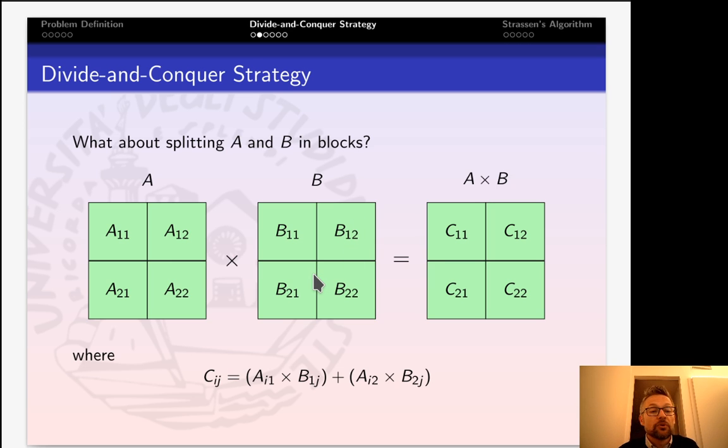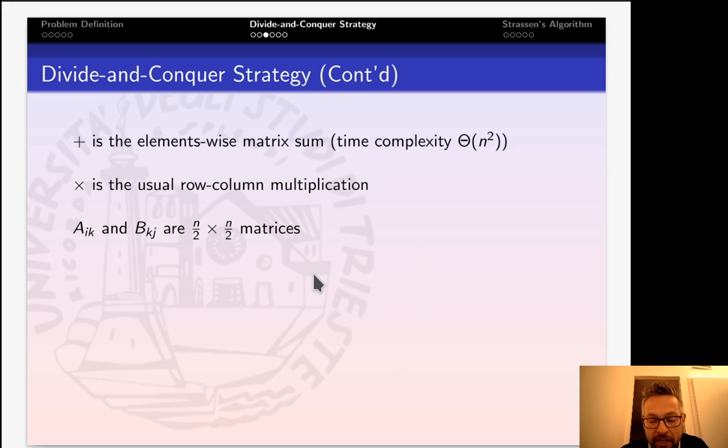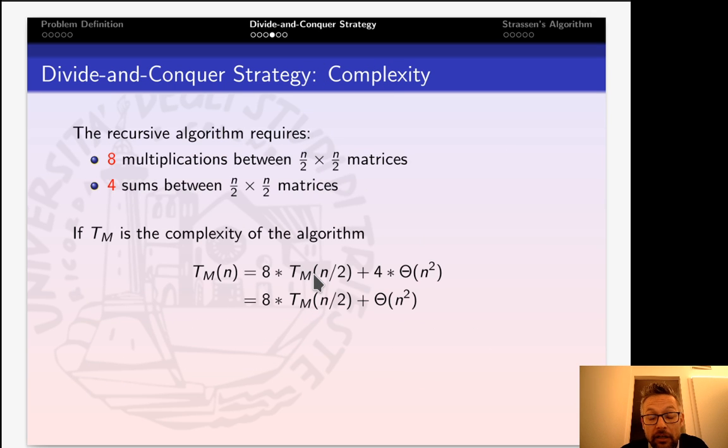If you try to count all the possible combinations, you end up seeing that we need for sure 8 block multiplications. And if you count the number of sums, you have one sum for every block in the final matrix, so there are 4.